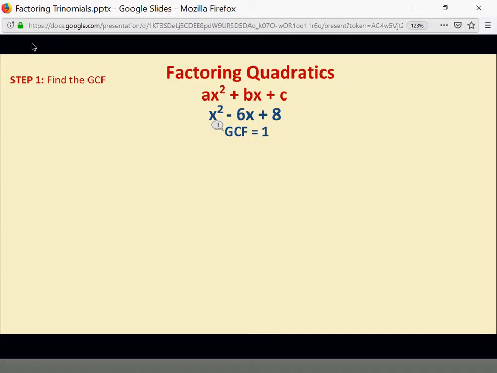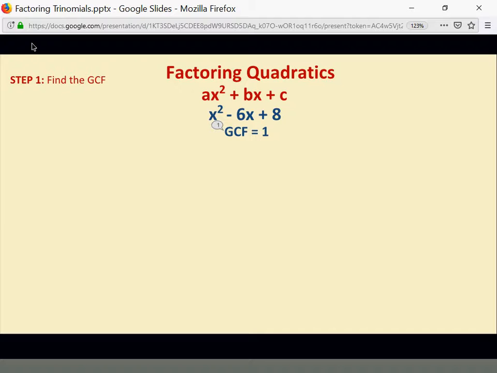If I did the prime factorization for each of those, I would have x times x for x squared, 2 times 3 times x for 6x, and 2 times 2 times 2 for 8. None of those have all 3 of those monomials. There's nothing in common for all 3 of them. So anytime we have that, the greatest common factor is 1.